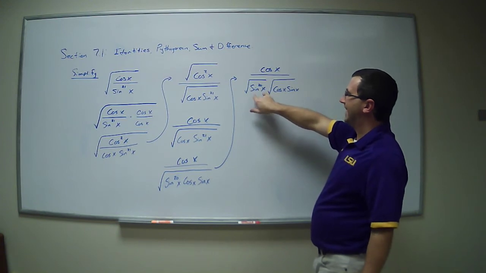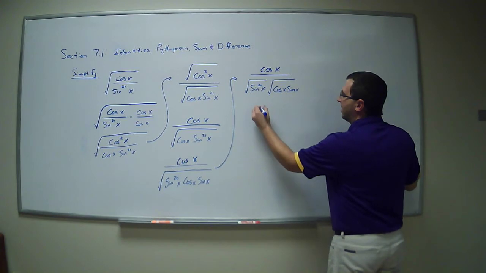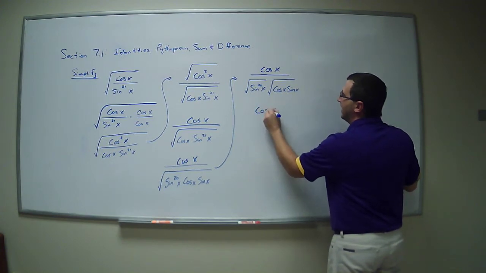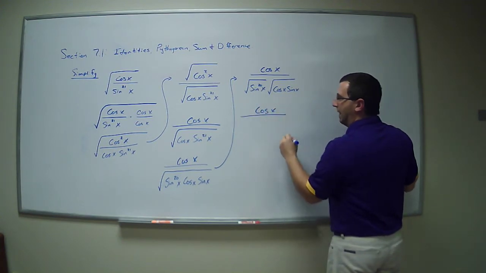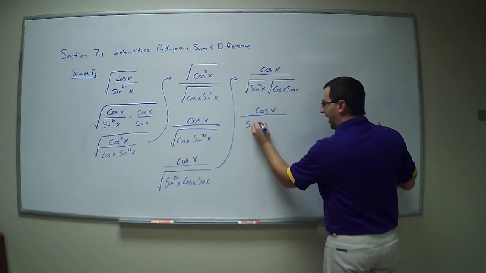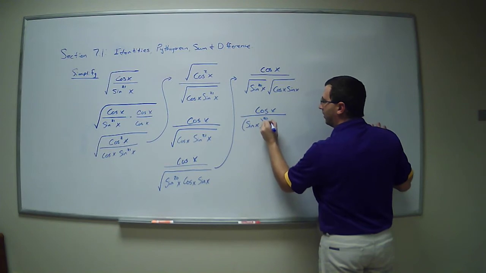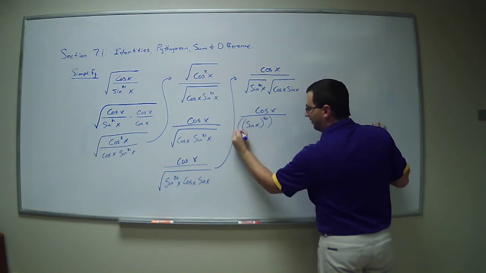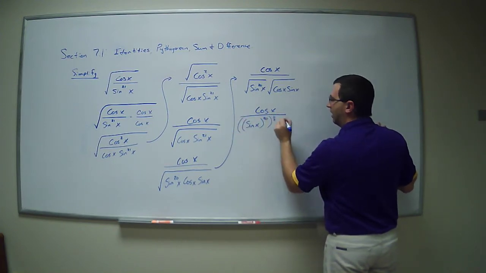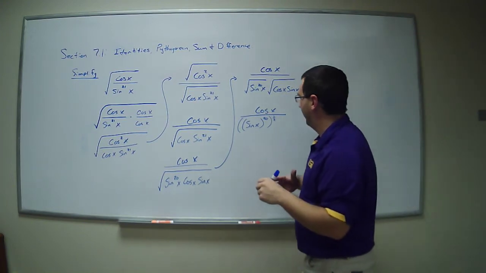So the square root of sine to the 20th of x, right? Because we said that the square root is equal to the 1/2 power, this would be technically sine of x to the 20th power raised to the 1/2 power. All right? That's technically how it's written.